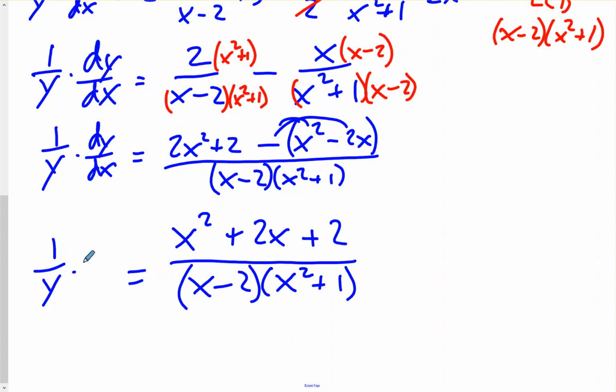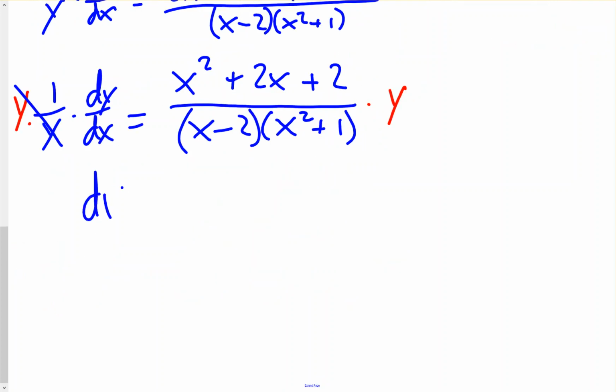That equals 1 over y times dy/dx. Okay, multiply both sides by y to get rid of the 1 over y. Okay, so that's gone.